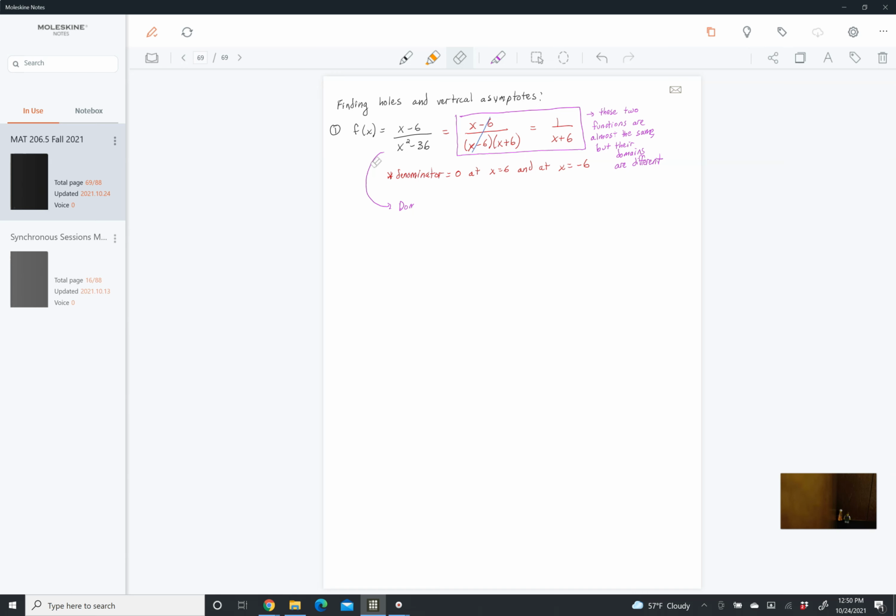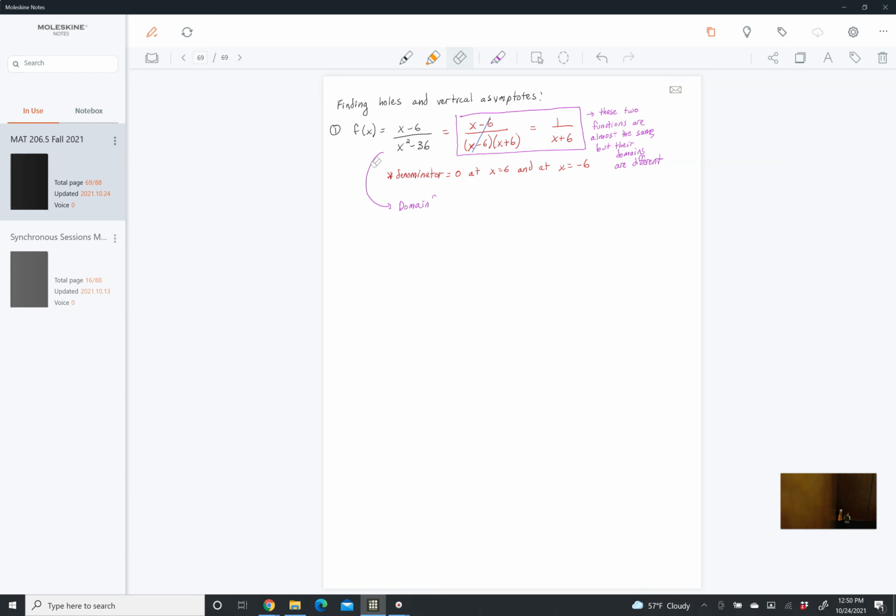So here, the domain is x such that x is not equal to 6 and x is not equal to negative 6. At x equals 6, there is a hole. How do we know?